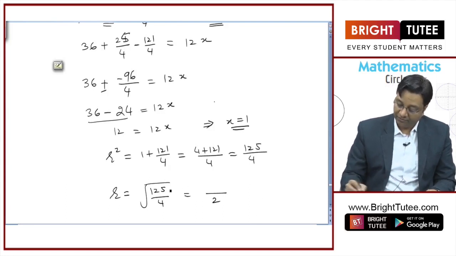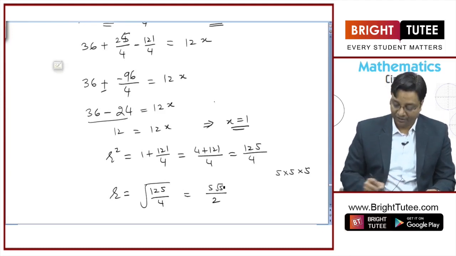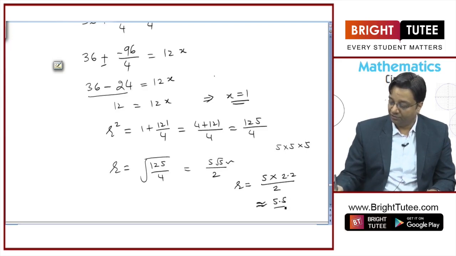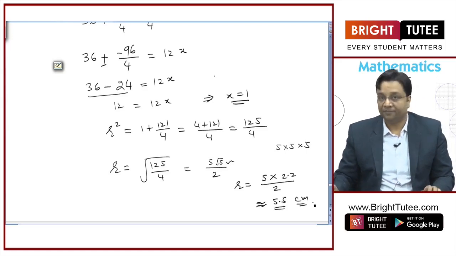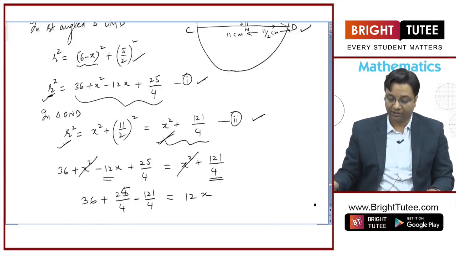In the numerator 125 is nothing but 5 into 5 into 5, so it will give me 5 root 5 here. So r is equal to 5 into, root 5 is approximately 2.2, by 2. So it will be 5 into 2.2, which is something close to 11, 11 by 2, approximately 5.5. So the radius here is approximately 5.5 centimeter. This is the approximate calculation here.